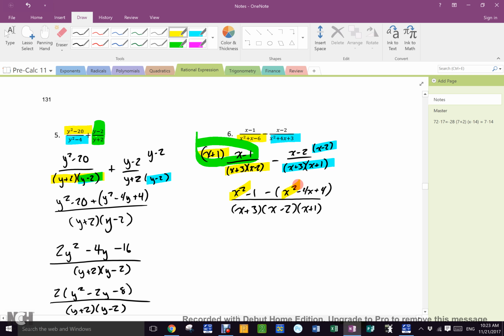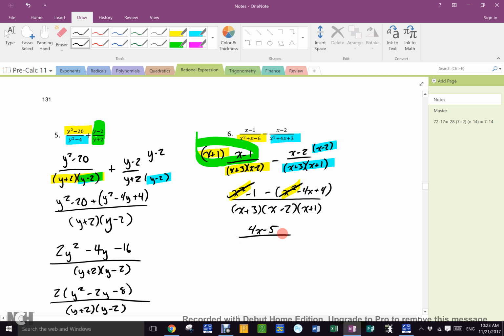X squared minus x squared, right? So they're gone. What else do you see? Negative 1 minus 4 is what? Negative 5. And what's negative? Negative 4x.